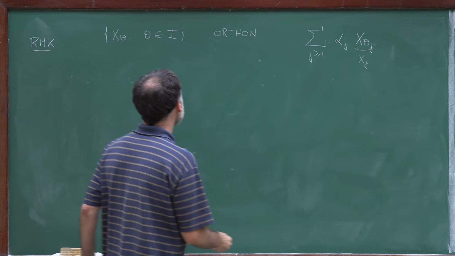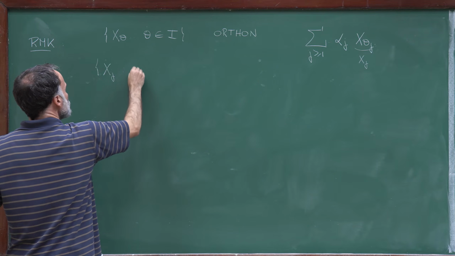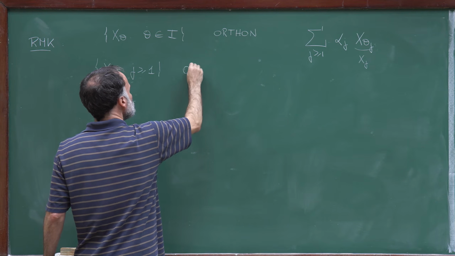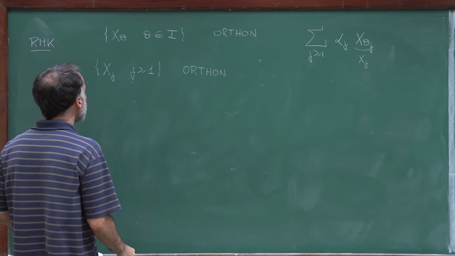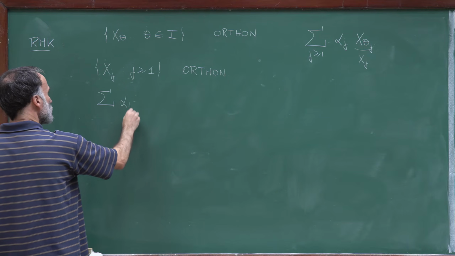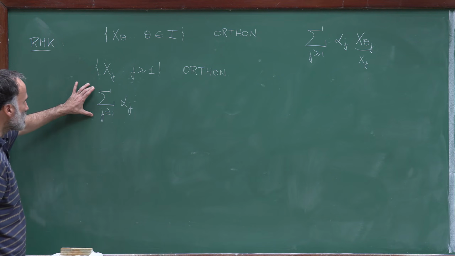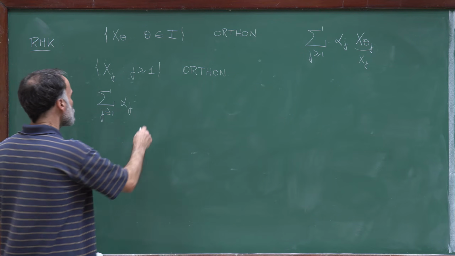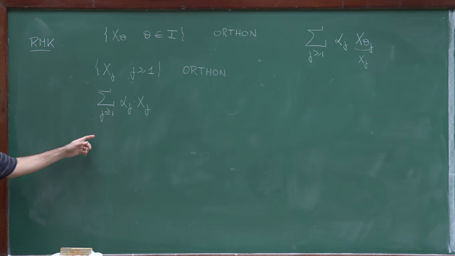So I'm assuming that I have a countable family xj, j larger than 1, which is orthonormal. And I want to make sense of the sum of an infinite sum. So we know how to make sense of finite sums. These are just finite linear combinations. So this is well understood. But now I want to define an infinite sum.